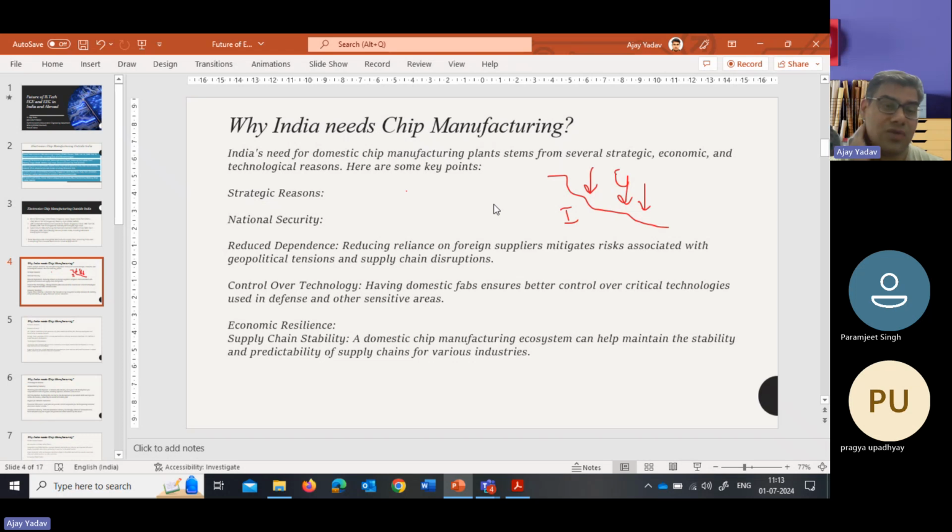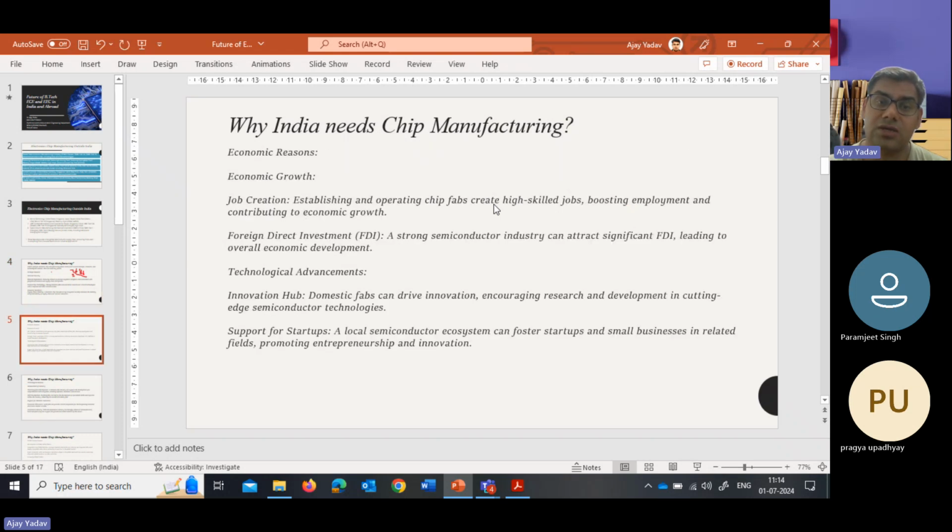If you see all over the world, Indian chip designers are very famous. We have a lot of chip design facilities in our country, and Indians are very well known all over the world for chip design. The only thing which is not there in India is chip manufacturing. So we will start chip manufacturing. This is the reason we should go for this.